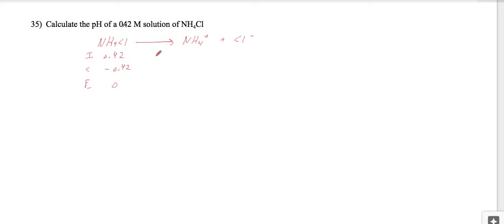Single arrow, strong electrolyte, goes to completion, don't have any left. 0, 0. And there you have the initial concentration of what we're going to be working with.